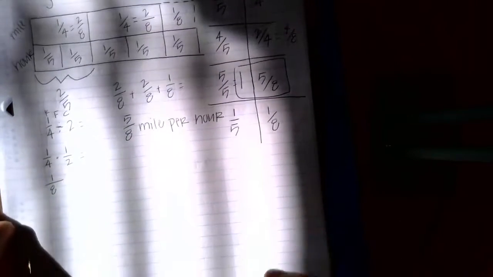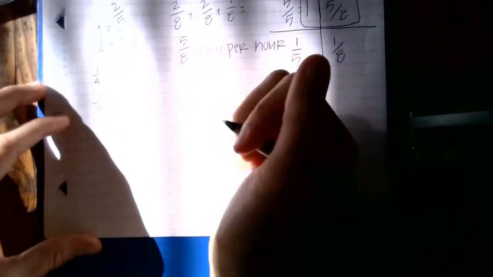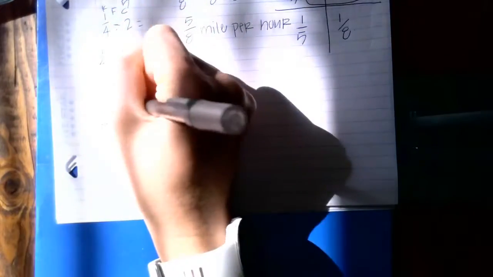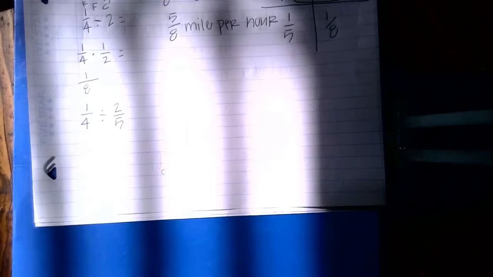The third way that we did the last one, and that we're going to do this problem as well, is 1/4 divided by 2/5 hours, because the number I'm dividing by should be the number I want to scale up or down to 1.